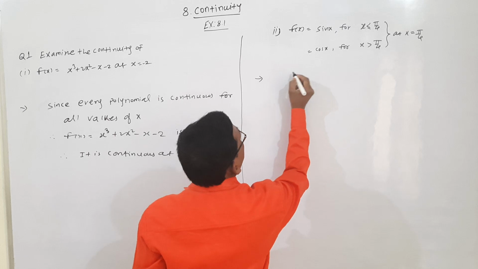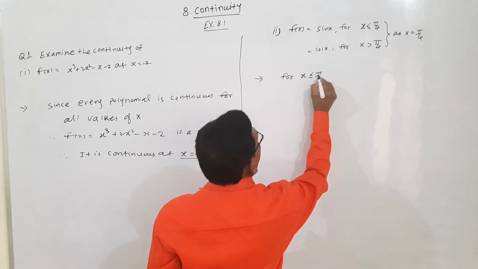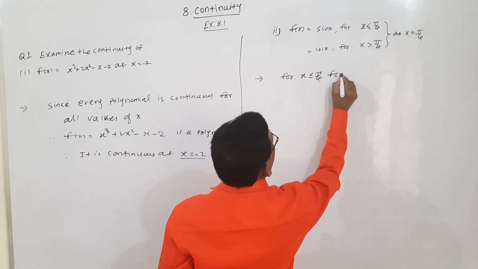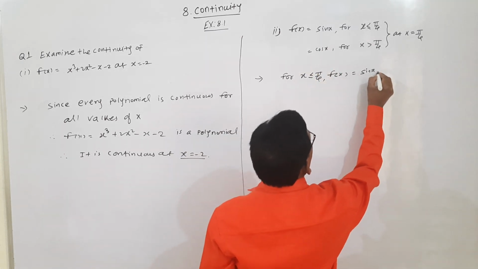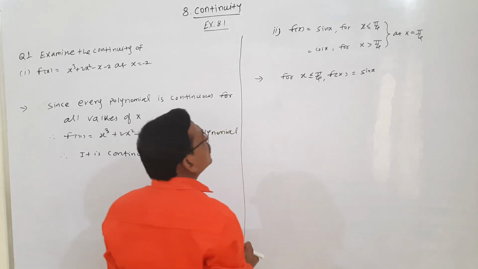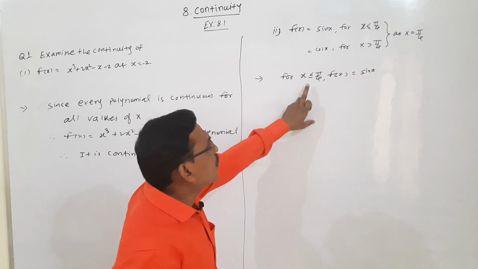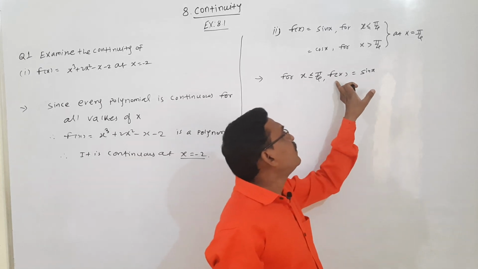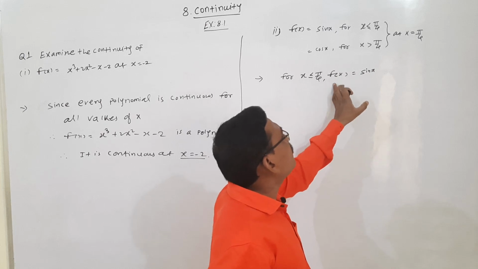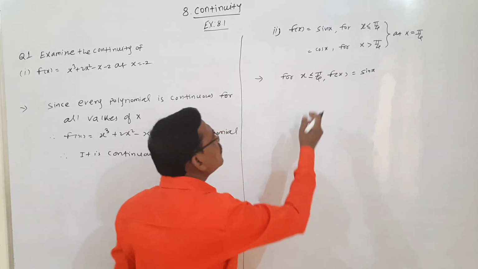For the interval x less than or equal to pi by 4, the function is equal to sin x. Equal to means we have to put x equal to pi by 4 here.